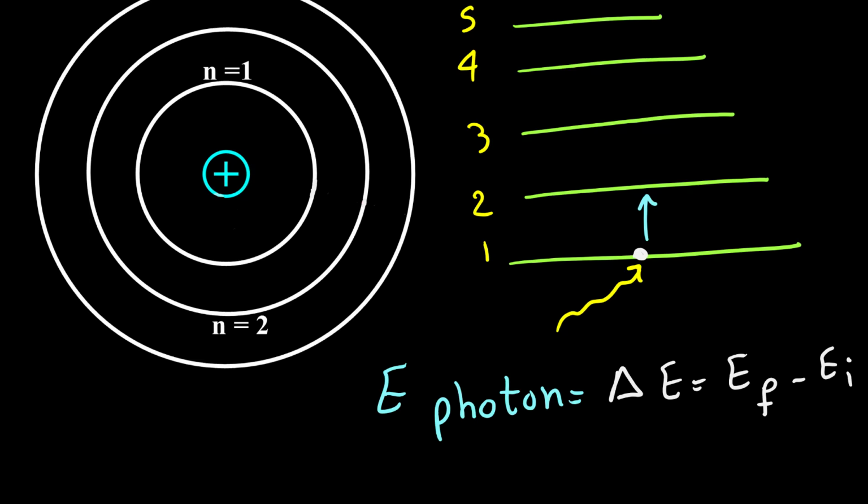Also, if the electron exists on a higher level, it can fall into a lower level and release a photon of light. And again, we have the same equation: the energy of the photon should equal the difference between the energy of the final and initial levels.